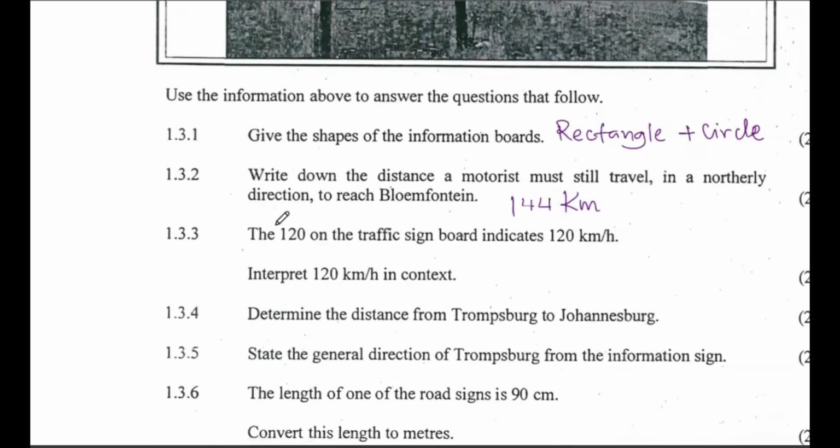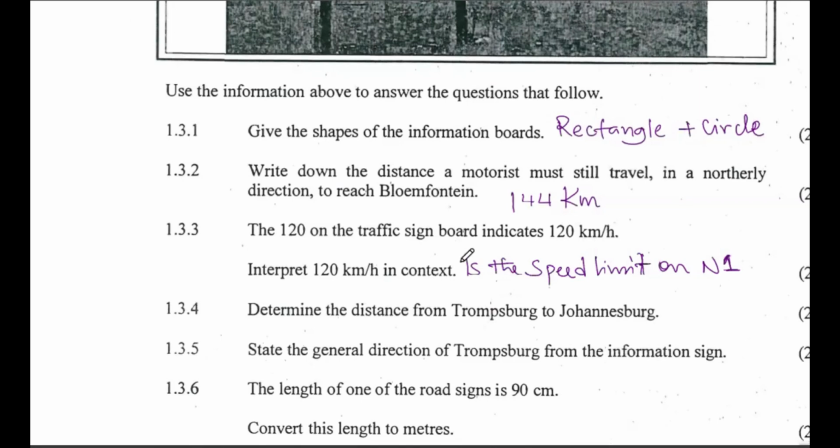The 120 on the traffic sign board indicates 120 kilometers per hour. Interpret the 120 kilometers per hour in this context. It is the speed limit on the N1.